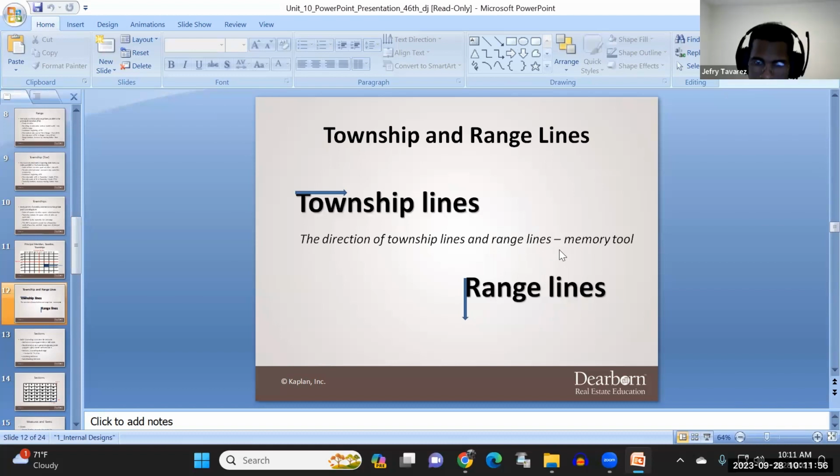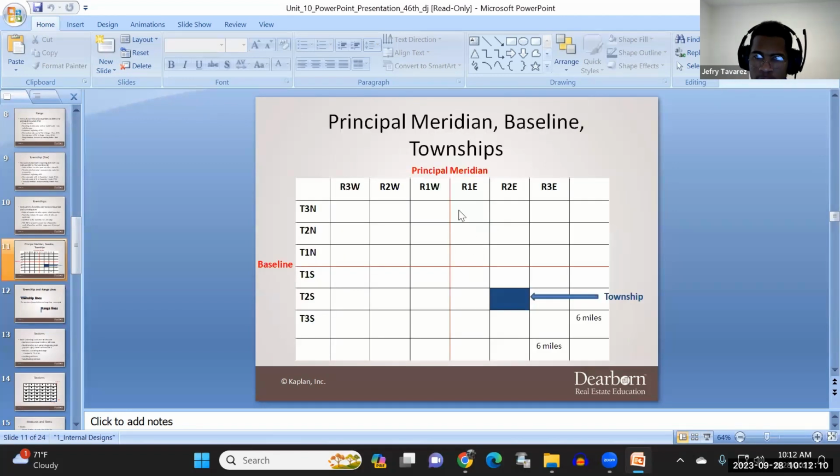Question for you. The principal meridian will be the middle line that is going vertically, right? And then how do you call any other lines that are going vertically? The principal meridian is the main line. That's the starting point. The baseline goes right and left.